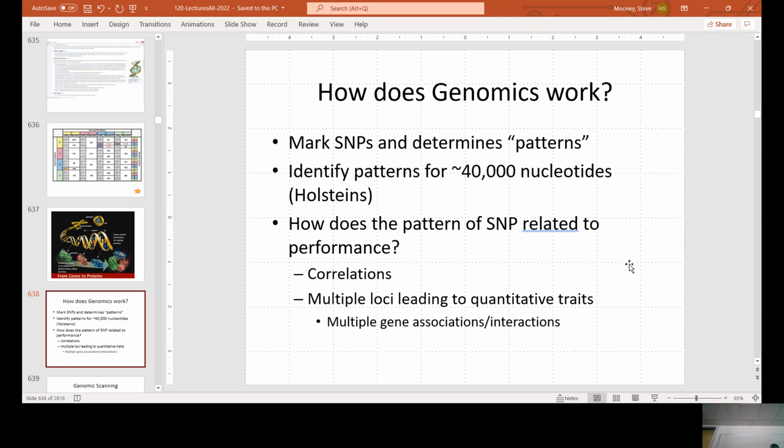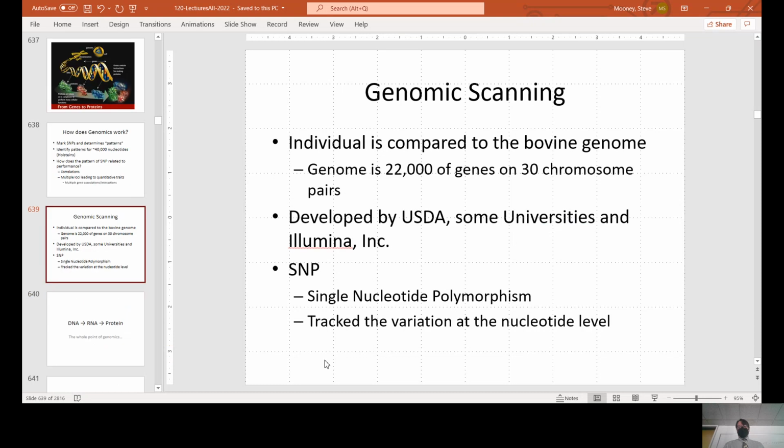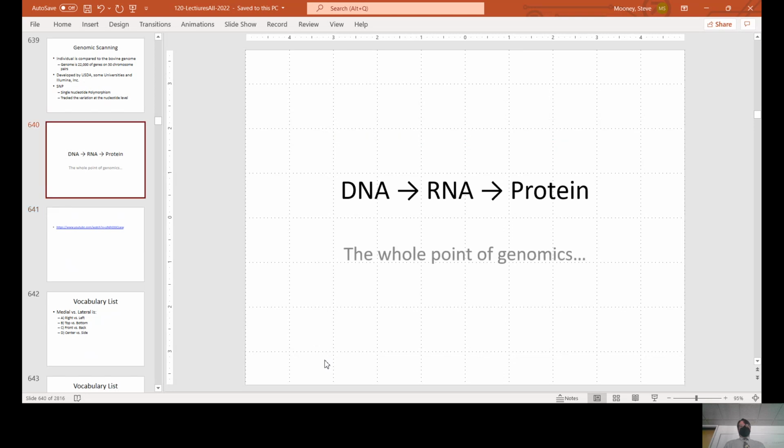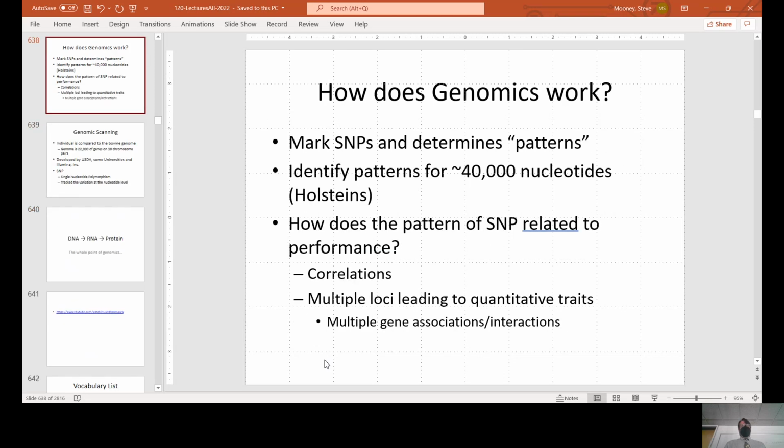For quantitative traits, multiple genes are going to interact on some level and give us a phenotype at the end of it all. So we're looking for correlations.